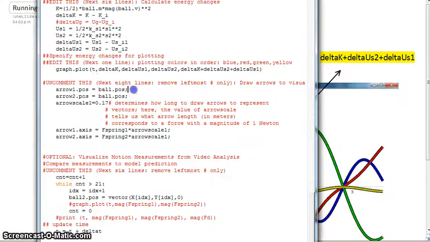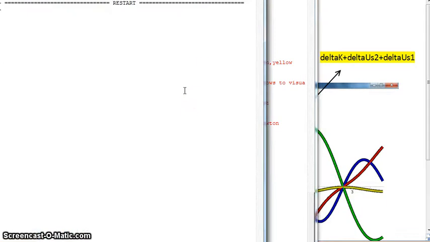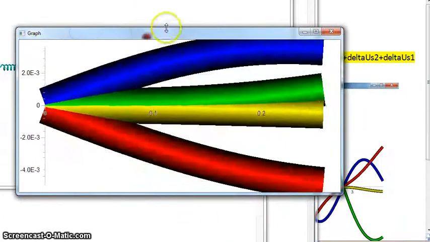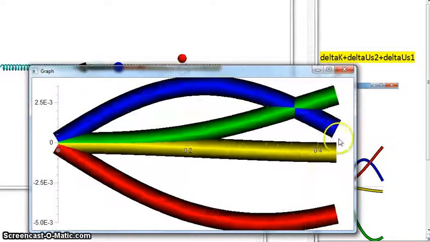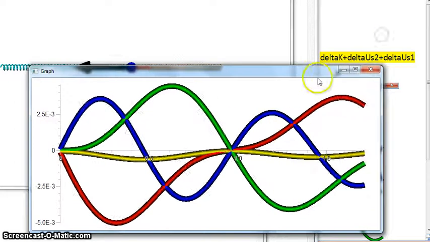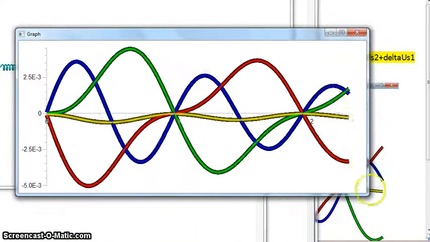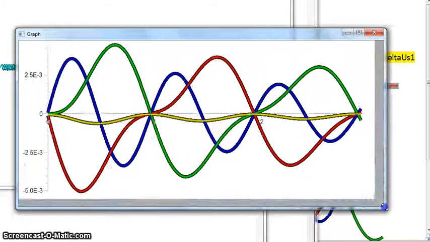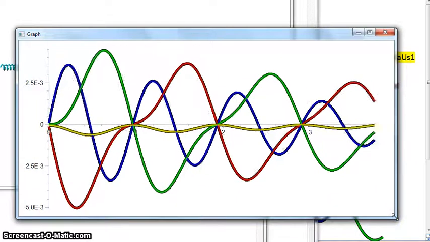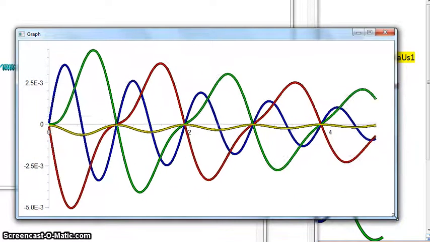Now, with some variation to find the energy plot, we have the next situation. Here we are. As you can see, the yellow line is the total energy, and it is not zero like in the previous lab. It is a little variation because the total energy is not zero.